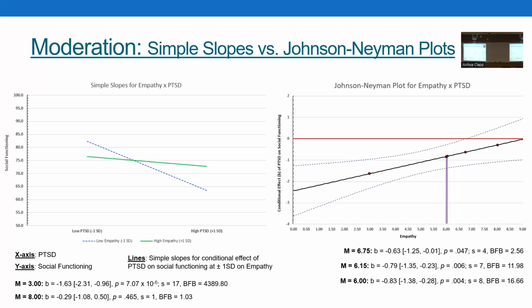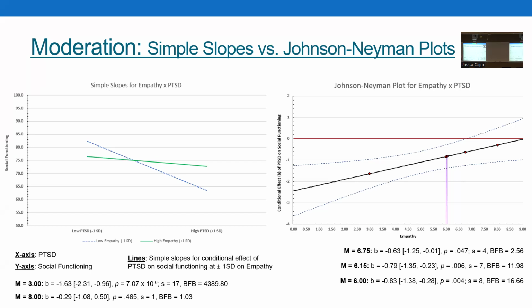Can't remember. But anyway, let's say this scale is actually ordinal, so you can't actually have a value of 6.75. It's either 6, 7, things like that. I can just look at what it is at 6. That's the lowest score where I still have an effect on this, right? So you can go through and take a look. All sorts of things I can do to play around with this, okay?